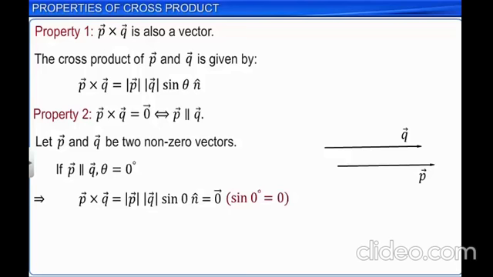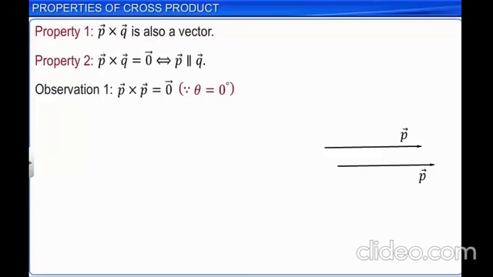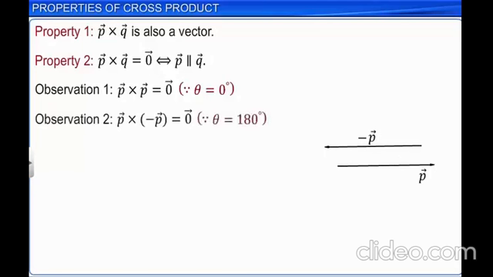Since every vector is parallel to itself, the cross product of a vector with itself is a zero vector. Also, the negative of a vector makes an angle of 180 degrees with the given vector. Since sine 180 is also zero, the cross product of a vector with its negative vector is also a zero vector.